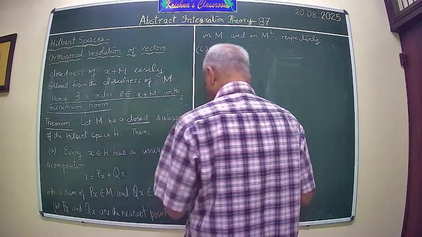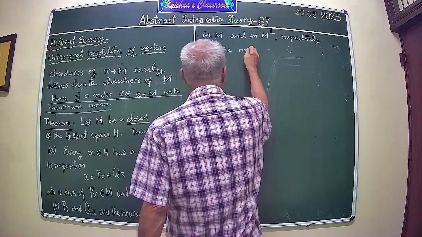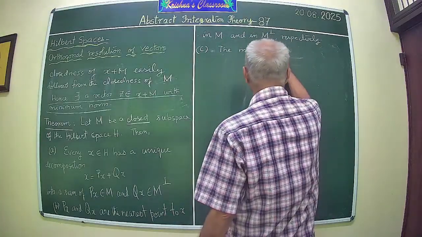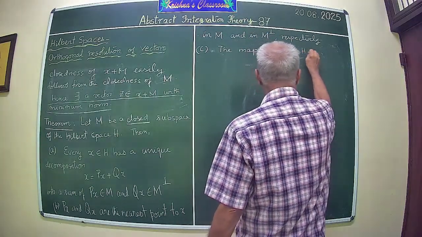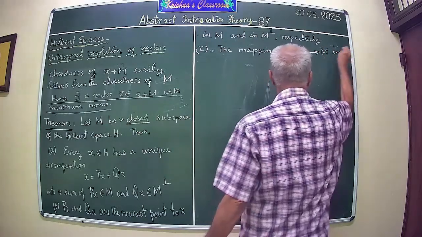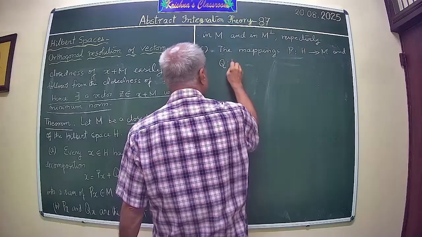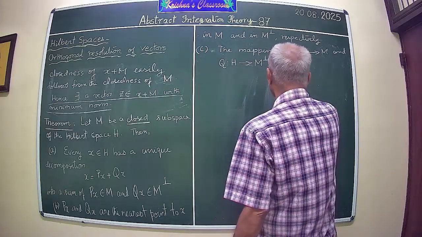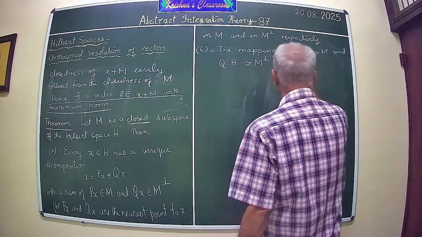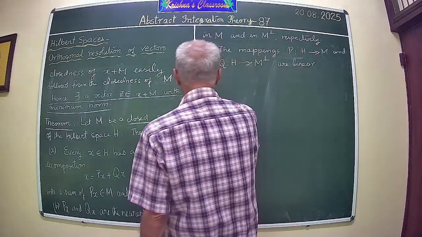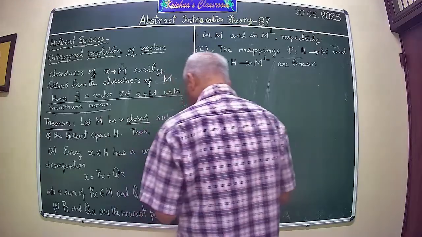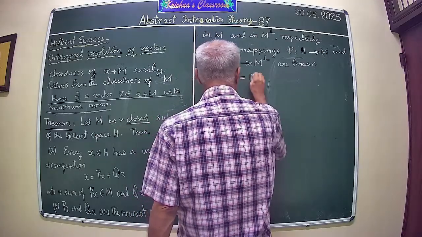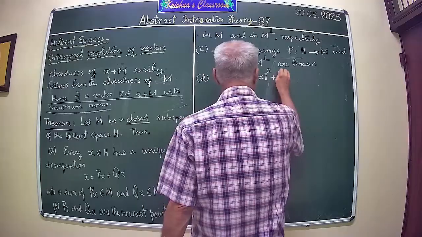The third point is that the mapping P from the Hilbert space is linear. The fourth statement is that the norm of x squared equals the norm of Px squared plus the norm of Qx squared.